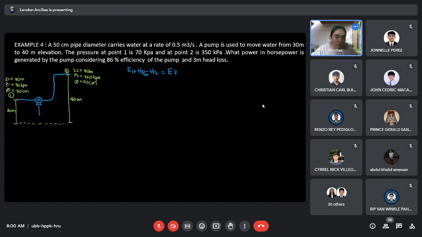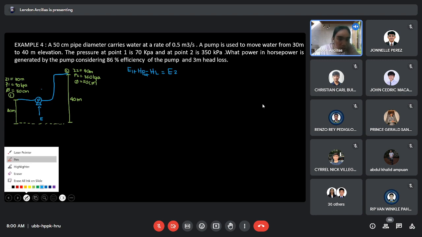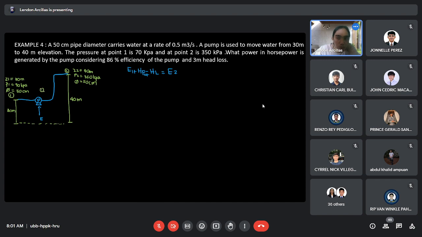Okay, as you can see, the velocity at point 1 and point 2 are the same. There is also Q. The velocities are the same if we try to solve that, since Q here is 0.5 cubic meter per second. Why the same? Because of the diameter.